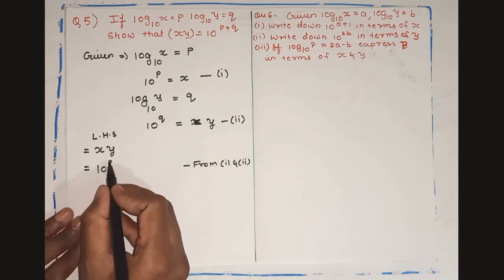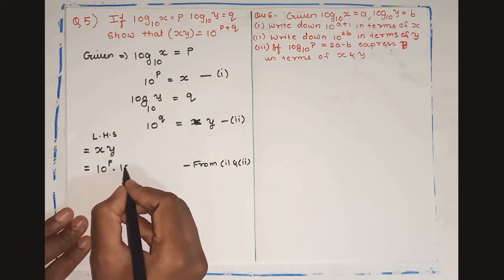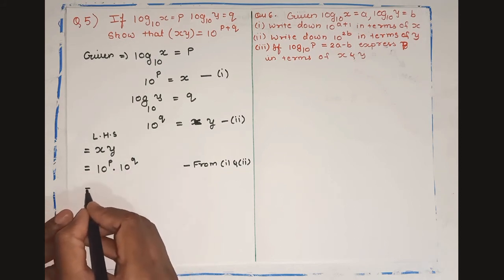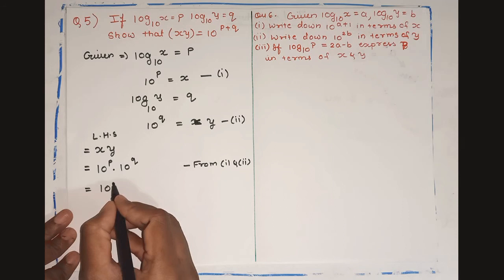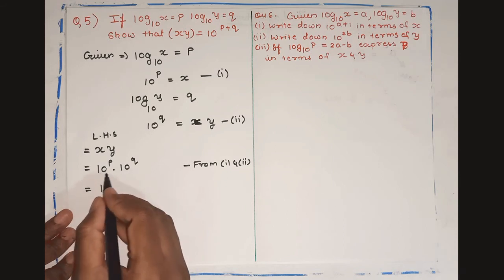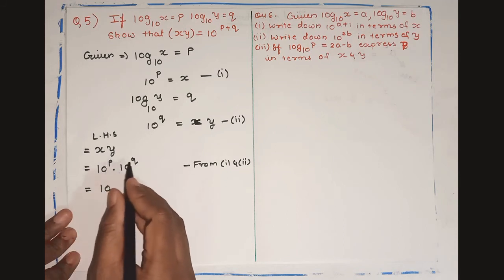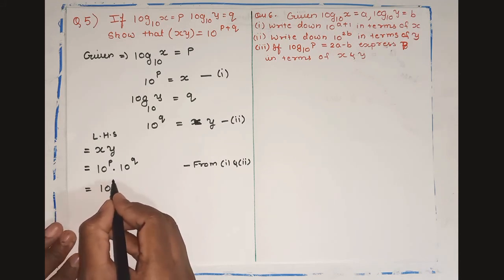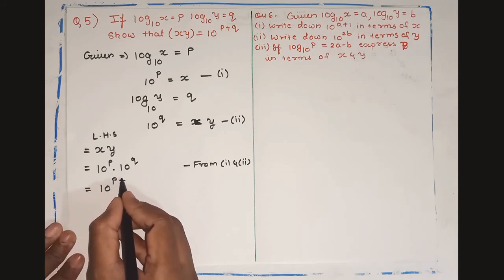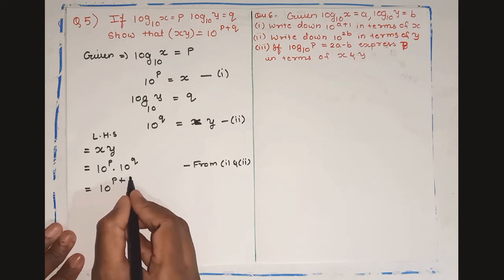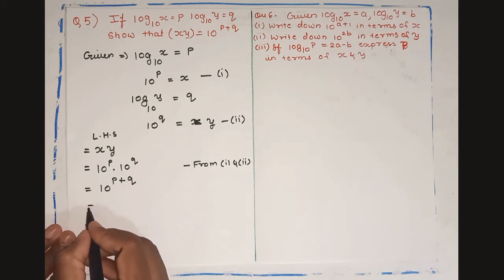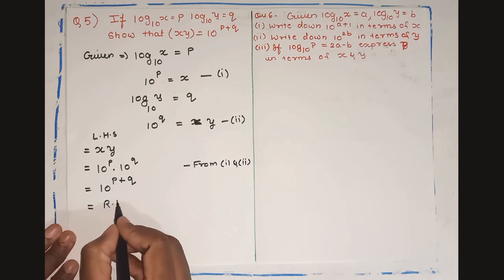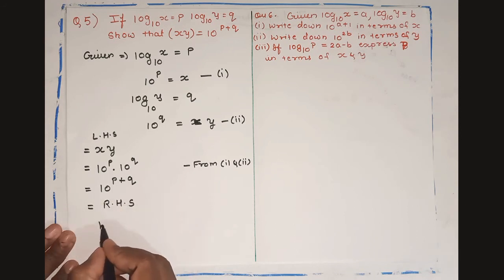So 10 to the power p into 10 to the power q equals 10 to the power... Bases are the same, powers are different, and in between there is a multiplication sign, so we will just add them. So it will be 10 to the power p plus q, which equals your right hand side. So hence shown.